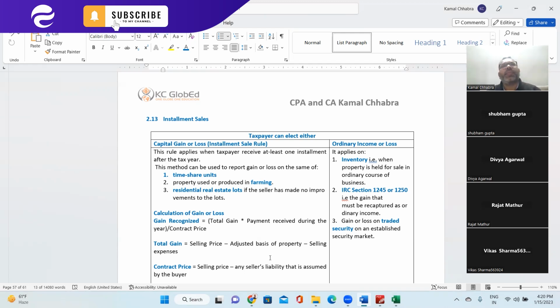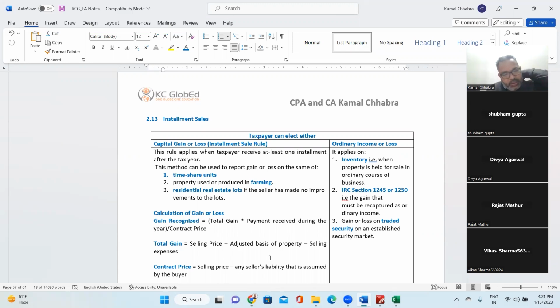But from the tax point of view, the lawmaker has given the option that as a taxpayer, you can choose to treat the installment sale under the capital gain or loss method of taxing, or the ordinary income or loss method. This is called the installment sales rule, in which you can be taxed at a lower rate.